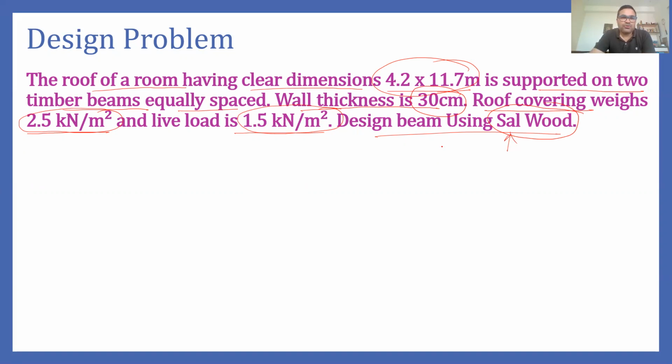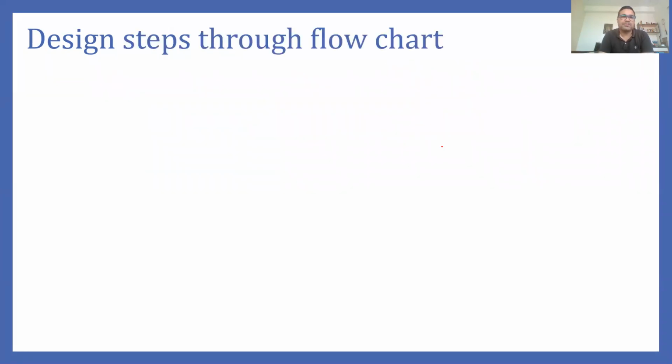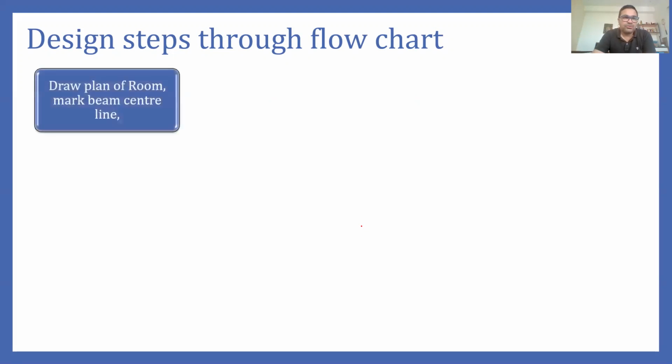Before we start the problem, first we will see the steps we are going to follow to solve this problem. These steps I will be showing you with the help of this flow chart. So our first step would be to draw a plan of room, and we have to mark the beam center to center line.